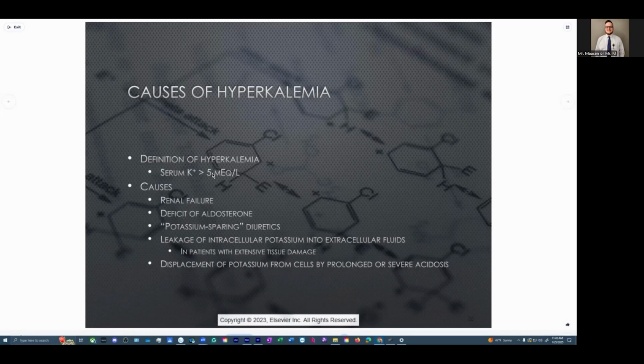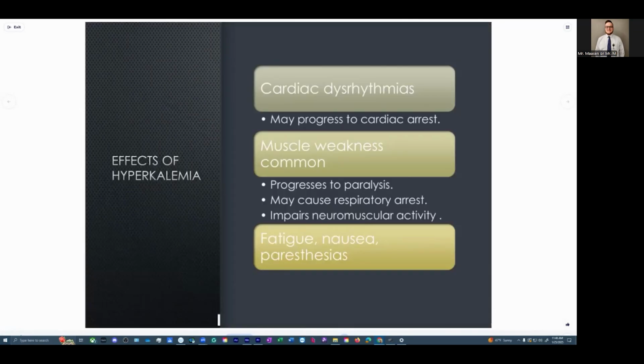So extensive tissue damage, extensive burns could cause hyperkalemia as potassium is leaking out of dead cells into the bloodstream. Then acidosis again can cause this. Like I talked about, hydrogen ions tend to shove their way into the cell and take over, and some stuff gets pushed out, like potassium.